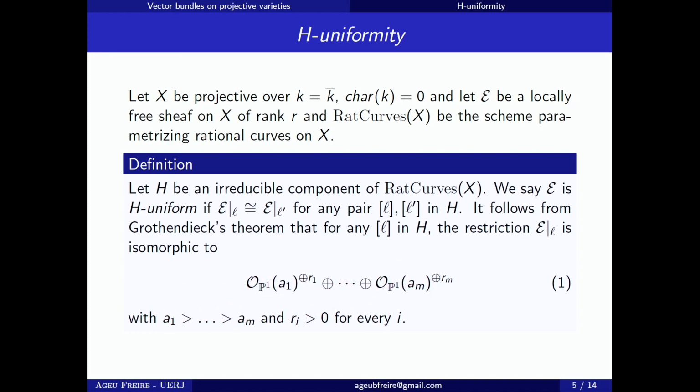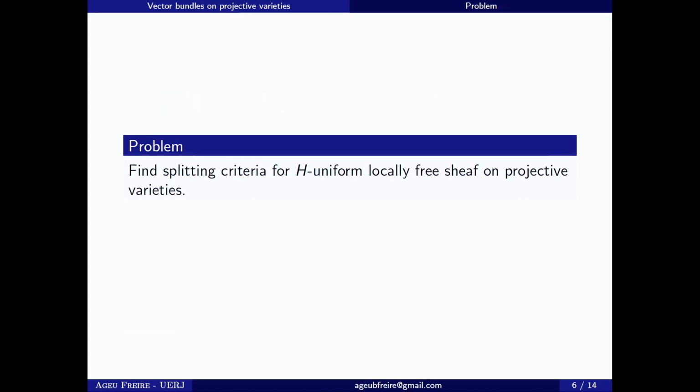And here we can assume that A1 is greater than A2 and so on. The same problem can be asked here: given an H-uniform locally free sheaf, how can we say that this H-uniform locally free sheaf splits as a direct sum of line bundles?